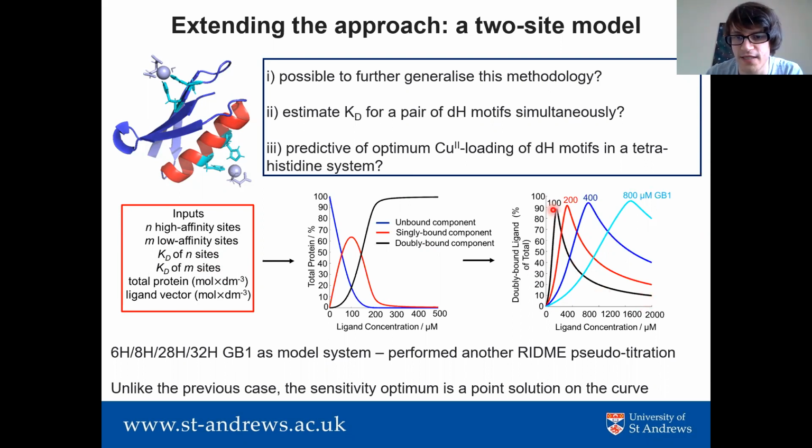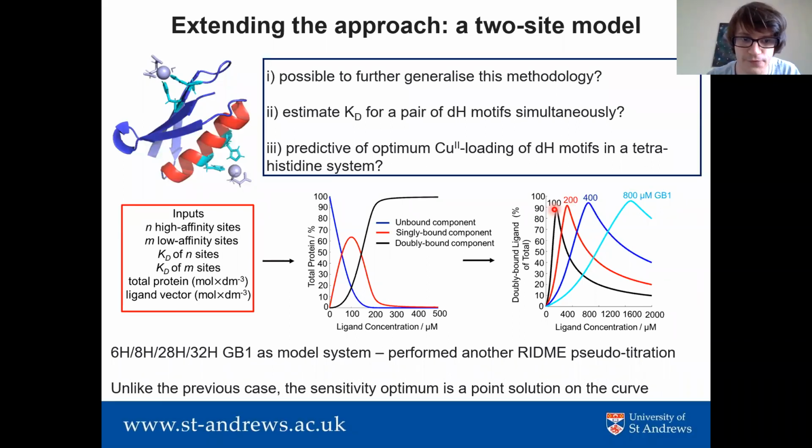And you see that you can optimize your sensitivity. So if you look at these curves, the significant point is the sensitivity optimum is a point solution on the curve. So it isn't a plateau anymore. It's not hyperbolic. It's log-normal. And that's why this is potentially of interest, not only for copper double-histidine motif spin labeling, but also any coordination-based spin labeling approach.